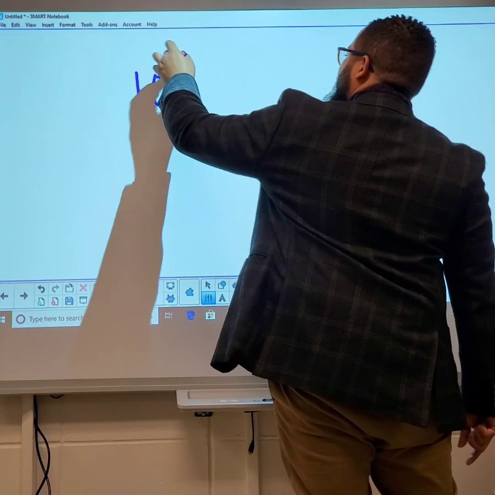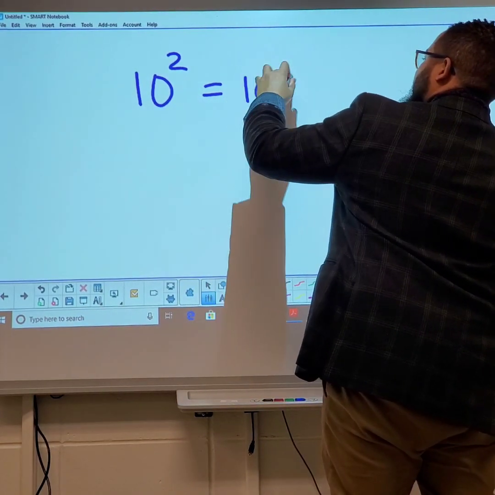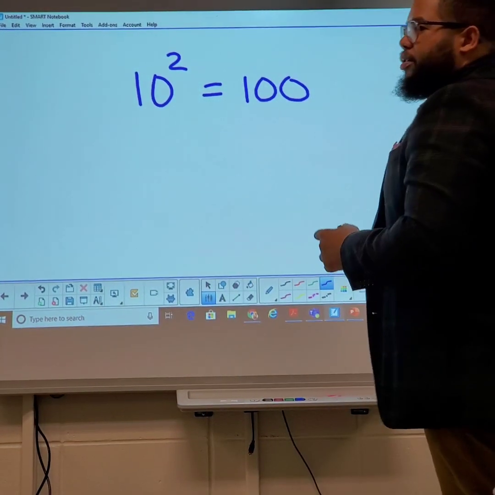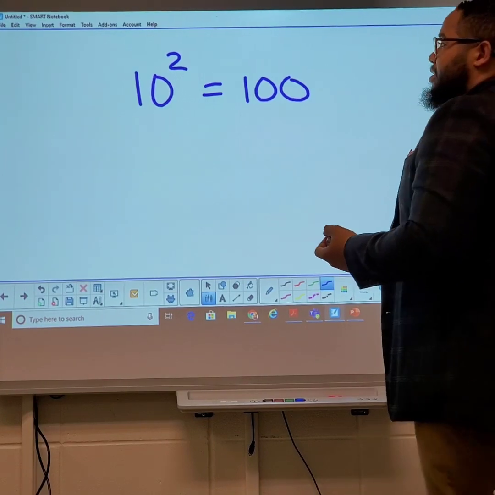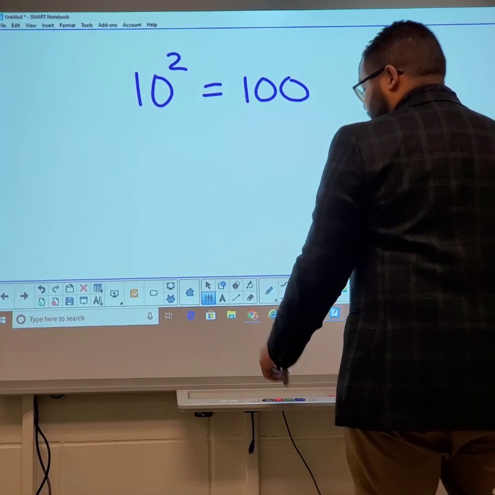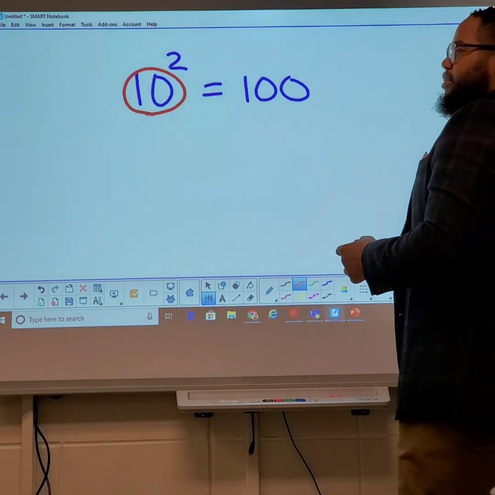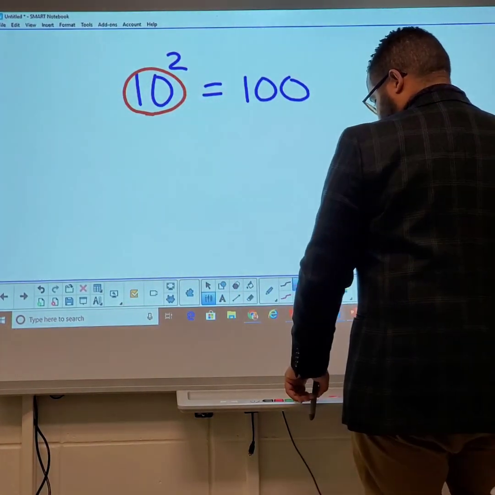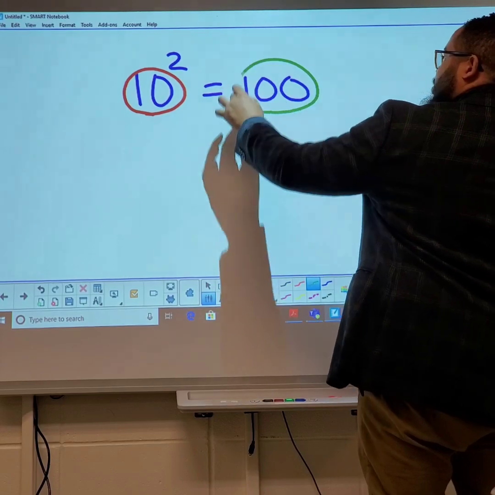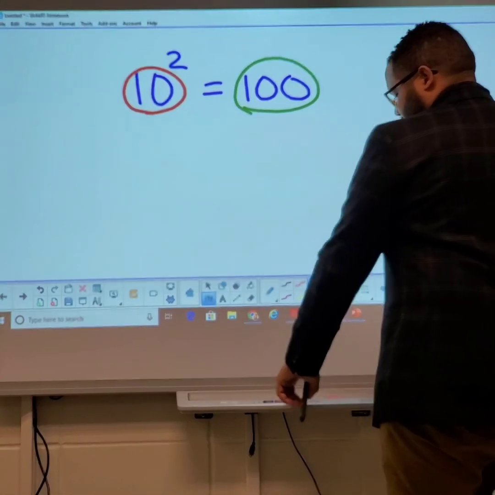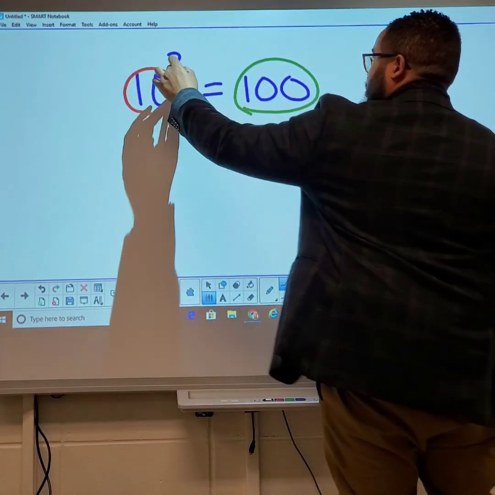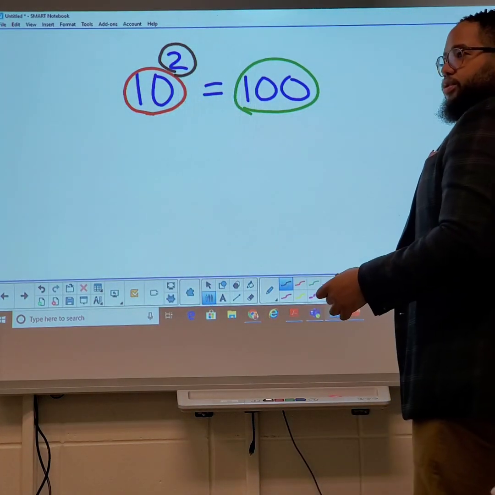When I say 10 squared, well, there's no log involved in this. But if you want to write this as a log, basically the 10 is the base of the log. The 100 is what you'd be taking the log of. And 2 is what it would be equal to.